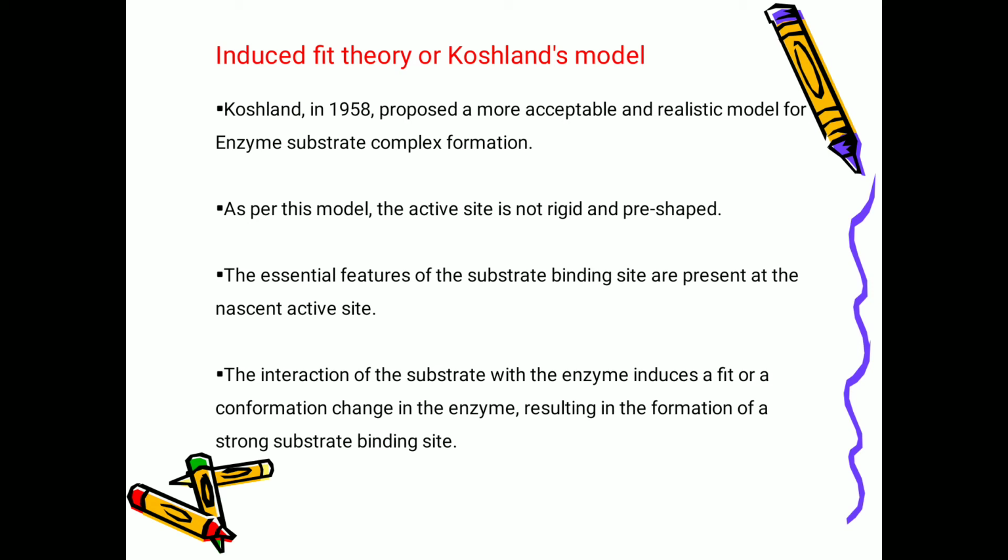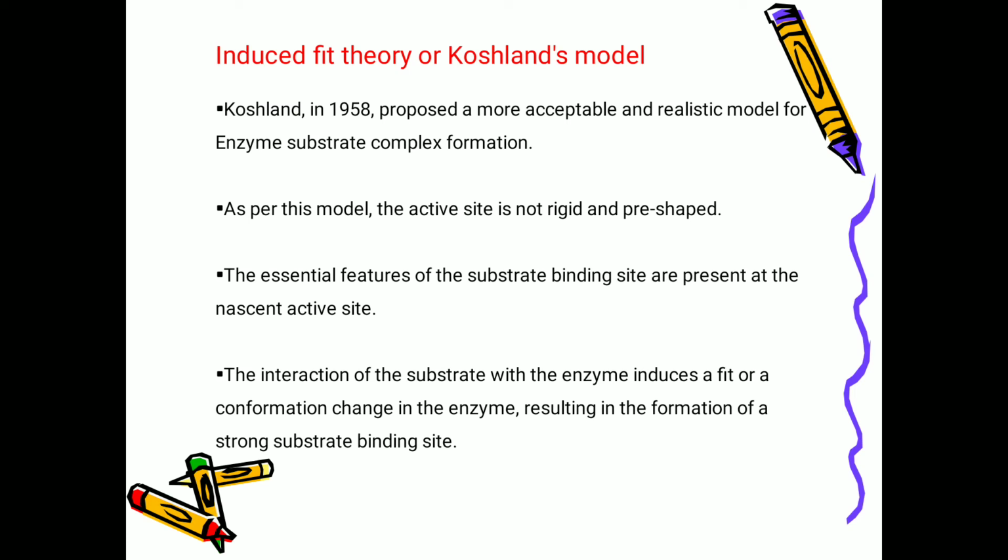Moreover, the essential features of the substrate binding site, that is the active site, are present at the nascent active site. The interaction of the substrate with the enzyme induces a fit or a conformation change in the enzyme, resulting in the formation of a strong substrate binding site.